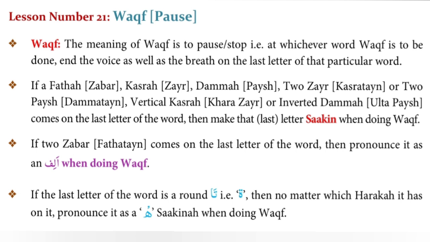Dear viewers, if you see zabar, zer, pesh, two zer, two pesh, khada zer, ulta pesh on the last letter of a word and you want to do waqf there, you have to change these with jazm. You have to change zabar with jazm, zer with jazm, pesh with jazm, two zer with jazm in case of waqf.